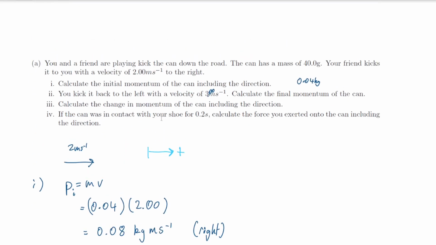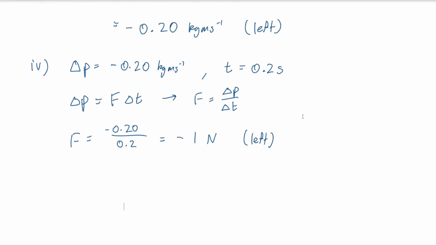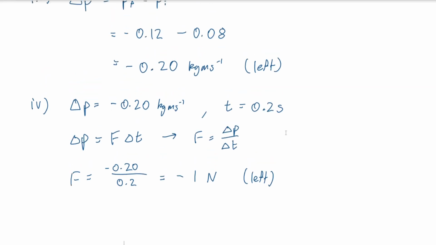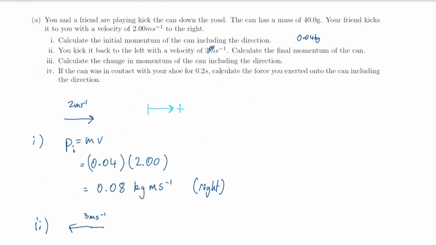Another question could have been, calculate the force exerted onto your shoe, right? And that would actually be the same magnitude, 1 Newton. However, the can is moving to the right, so the force on your shoe from the can would be to the right. So just double check you're working out the right force and giving the right direction.